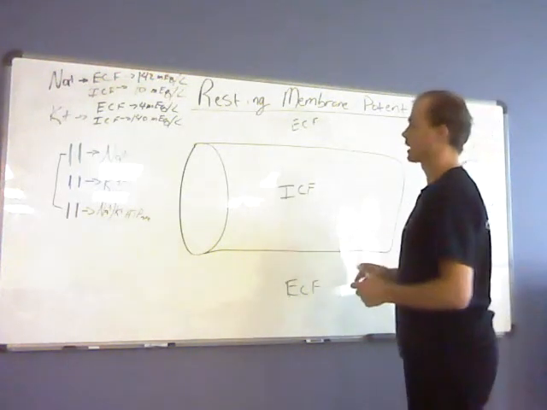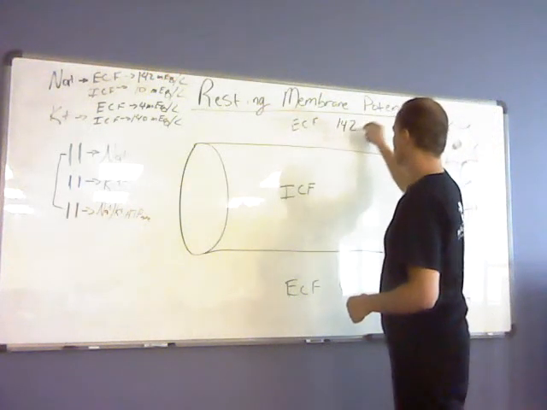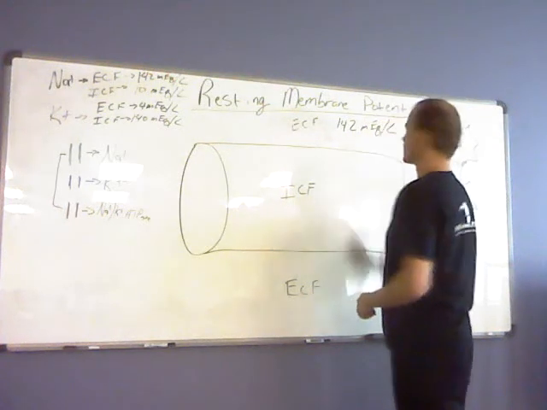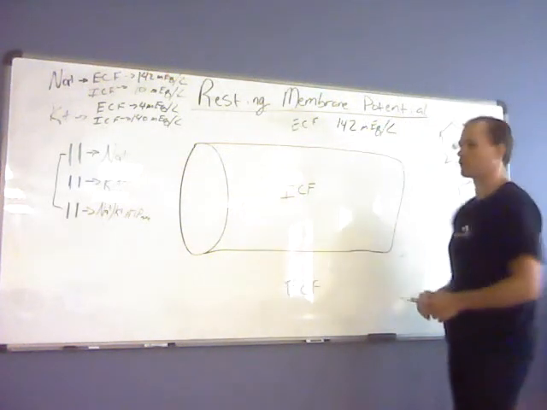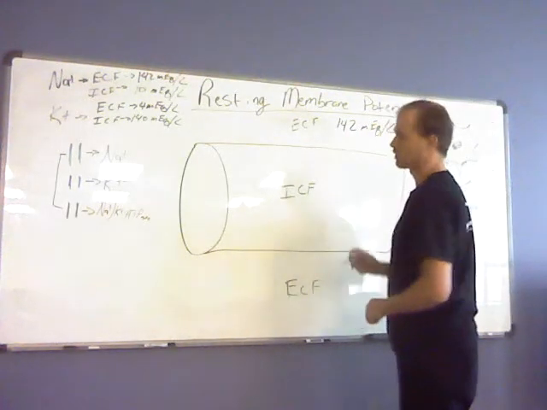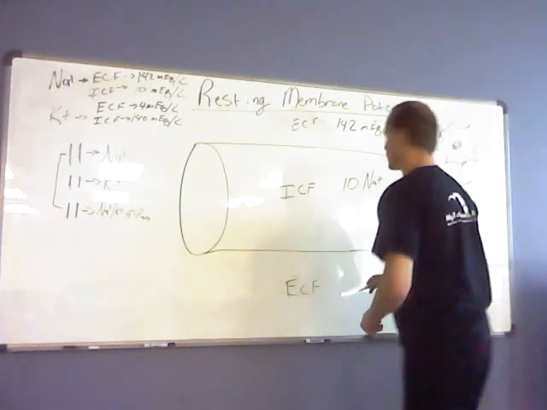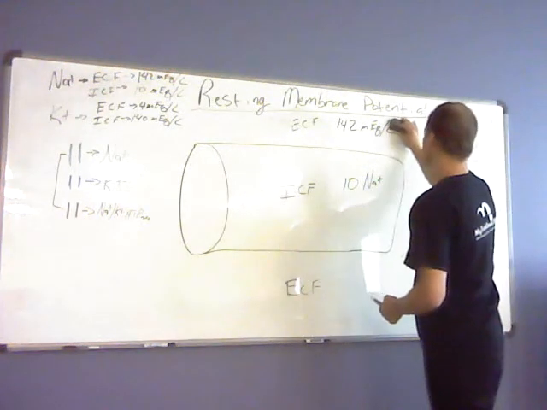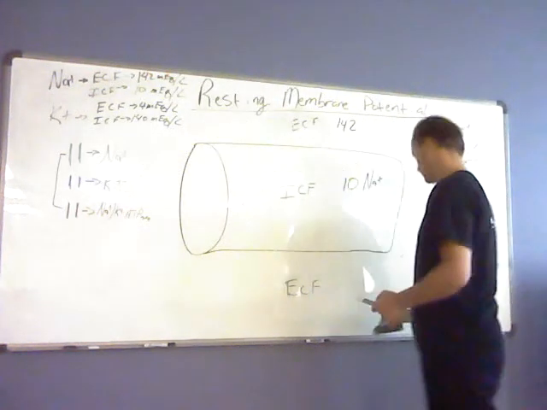What I have up here is 142 milliequivalents of sodium per liter. So think of that, in a general sense, as 142 sodium ions per liter in the extracellular fluid, and 10 milliequivalents worth of sodium on the inside of the cell. For the sake of saving space, I'm not going to put the units over here by the picture, but you can see them up there.